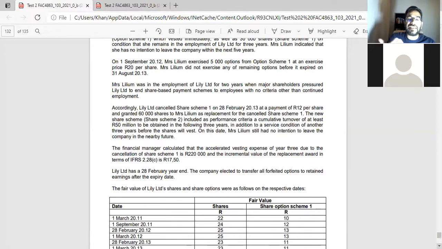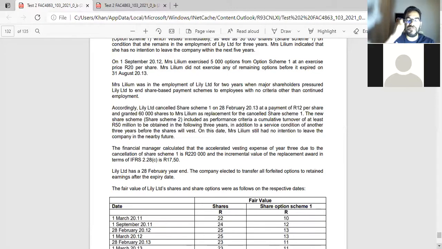So she can exercise her options because remember, there's no waiting period. She could have exercised it on the day she got it because there was no vesting period. So on the 1st of September 2012, she exercised 5,000 options.